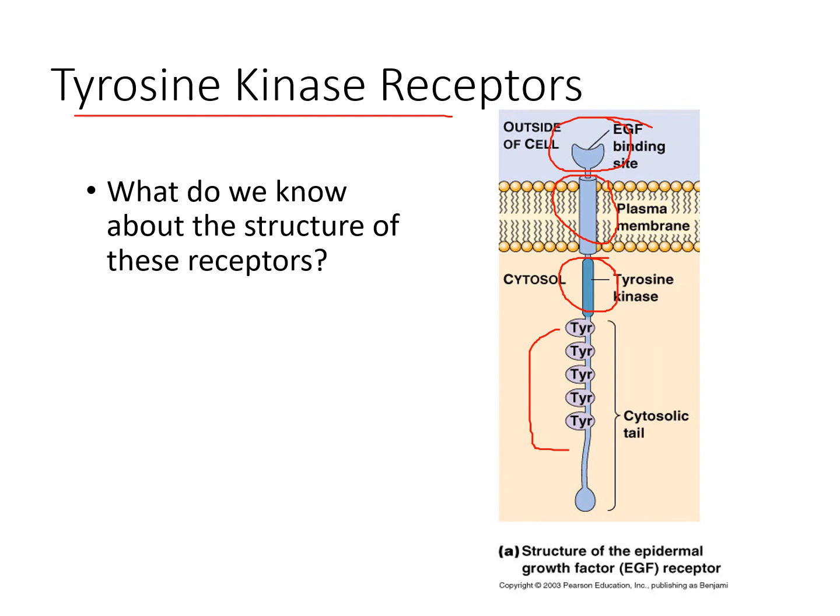And these are the regions where the phosphorylation will occur, of ATP becoming ADP, which means the tyrosine kinase, when we talk about a kinase, has the ability to make use of phosphates and bring them to other molecules.